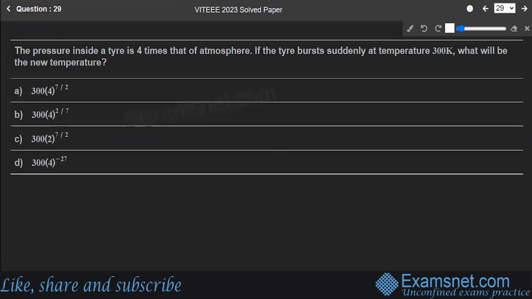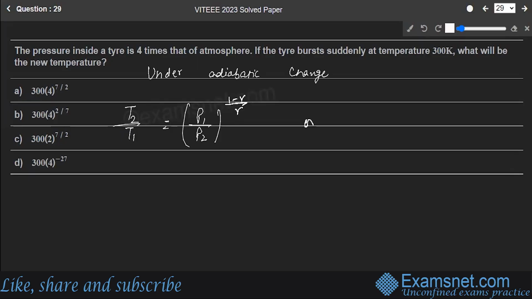See, under the adiabatic change, what you have is T2 upon T1 is equal to (P1 upon P2) to the power (1 minus gamma) upon gamma.